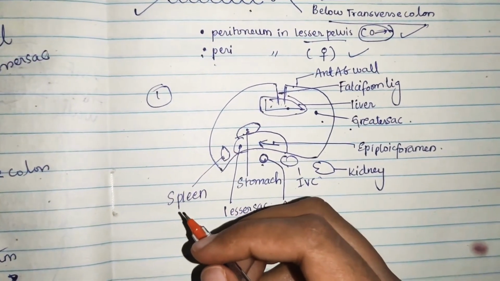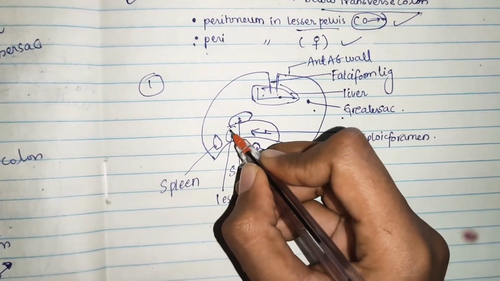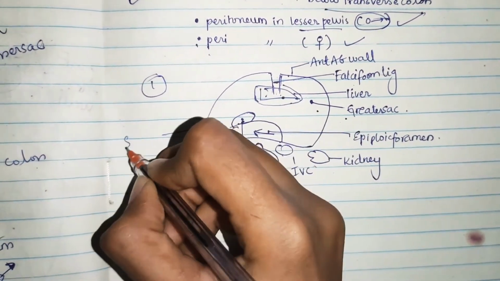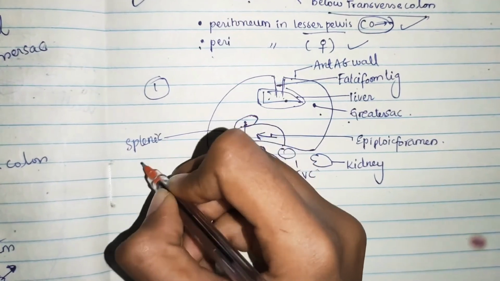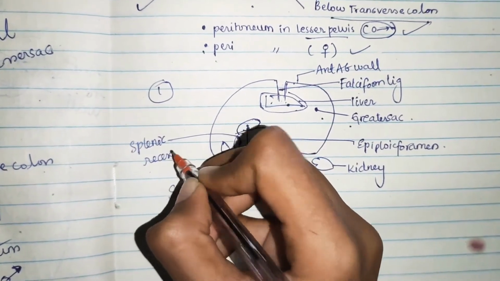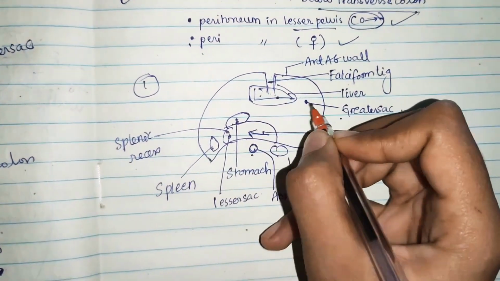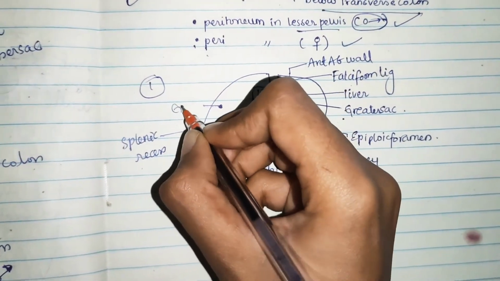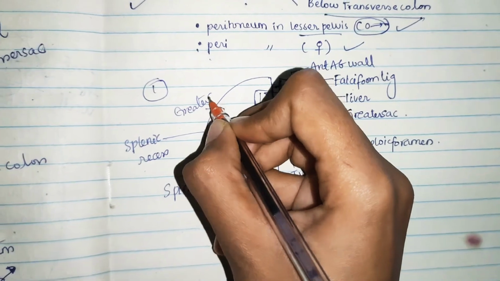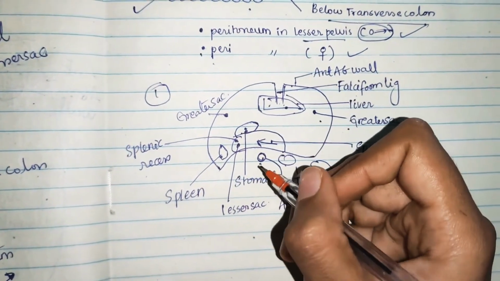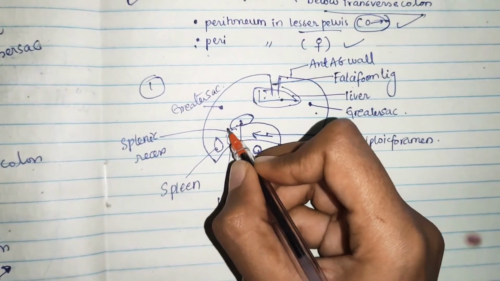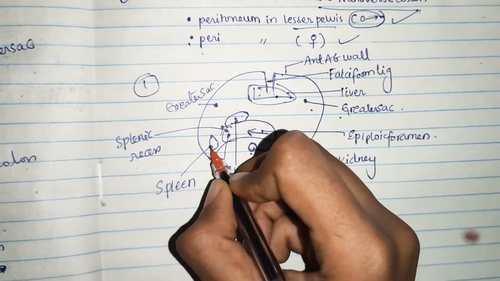So next you have different ligaments, and this is splenic recess. Splenic recess. After that you have, as I said, this is greater sac, means this is also greater sac, right? So everything here is greater sac. And here you have gastrosplenic ligament, that is from the stomach to the spleen.